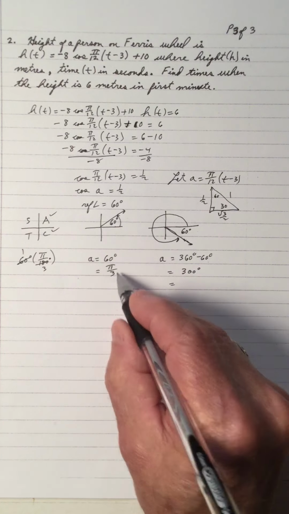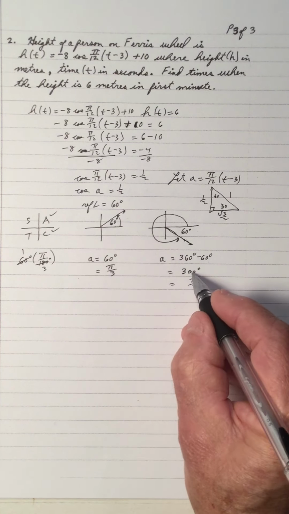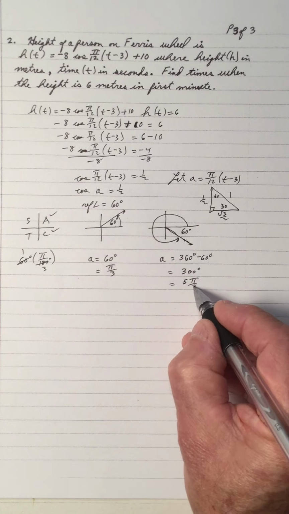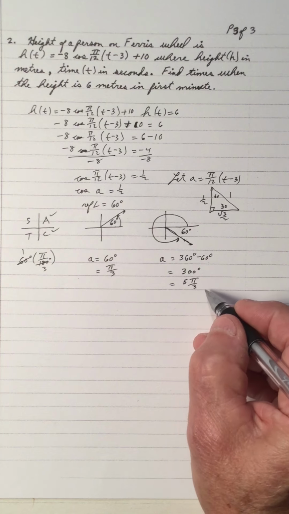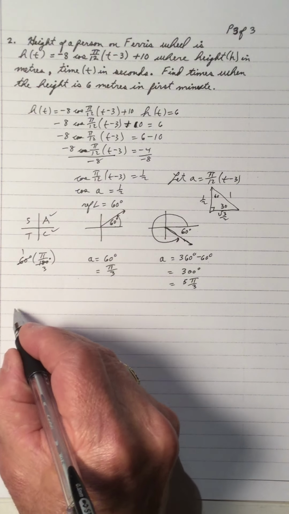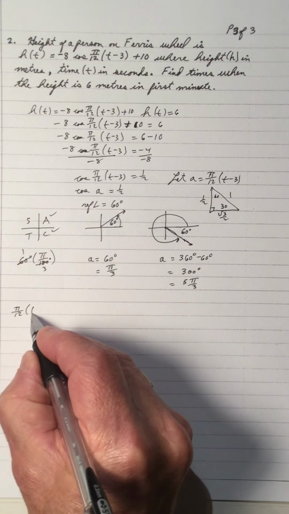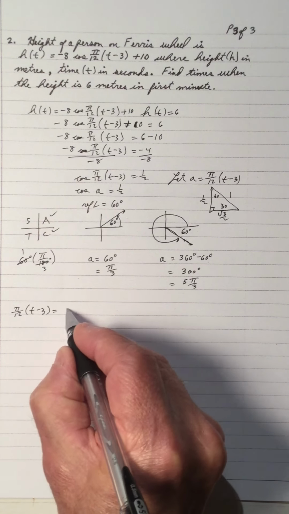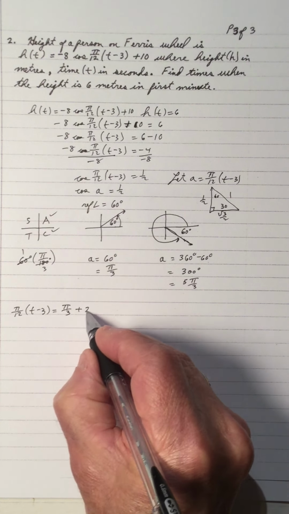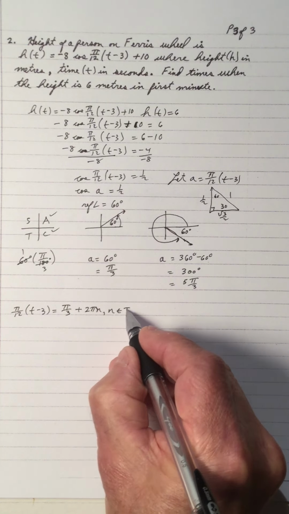Again, 180 divided by 3 is 60. And 300, again, if the reference angle is 60, pi over 3 is here. How many 60s are in the 300? We get 5. So 5 times 60 is 300. So we let A, which is the angle, pi over 12 times t minus 3 equal pi over 3 plus, because we're in radians, 2 pi n, where n belongs to the integers.